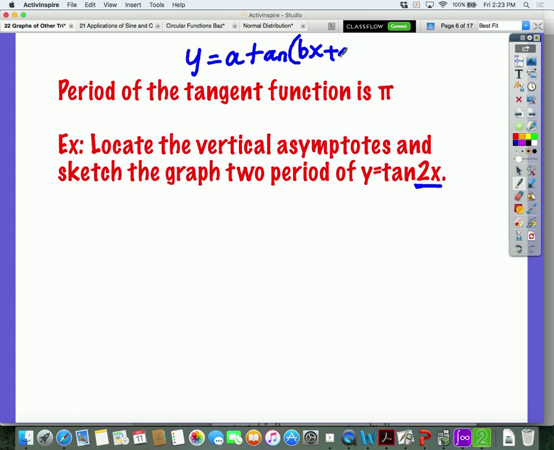So 2 is the b, and whenever we have a b, we multiply our x's by the reciprocal. So I'm going to take my x in the tangent function and multiply it by the reciprocal, which is 1/2, and I'm only going to graph 2 periods of this.